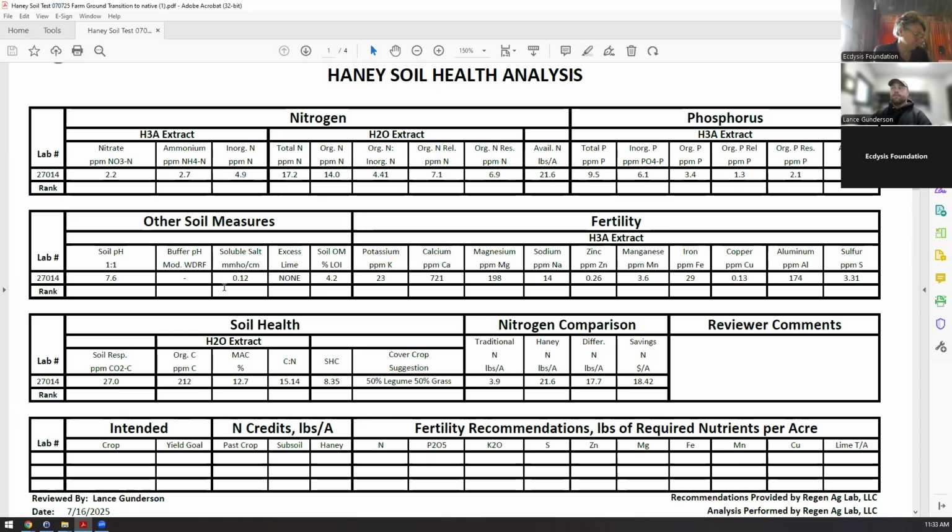Soluble salts, when we hear the word salt, most of us think of chloride and sodium. Every single nutrient in your soil is a salt. Phosphate's a salt, potassium's a salt, etc. Most of them are not very soluble.